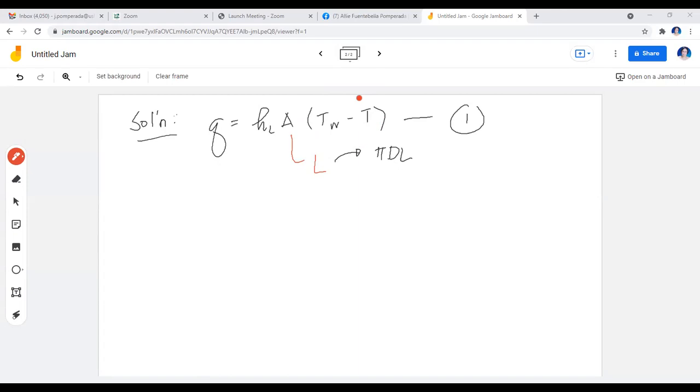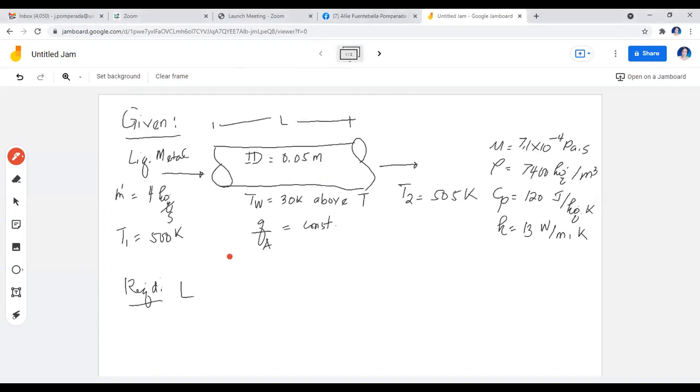You mean to say that the problem gives you specifically the wall temperature and the bulk temperature? The problem actually does not give you the exact value of the wall temperature and the bulk temperature. But as what we have written here in our given, I wrote here the wall temperature is 30 degrees above the bulk temperature.